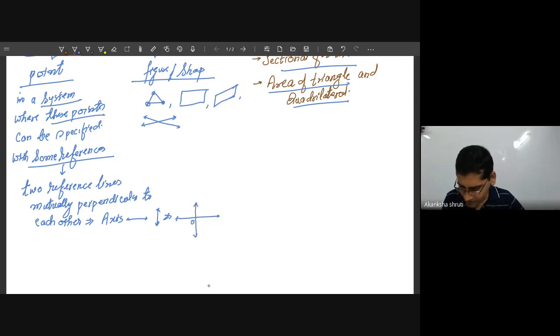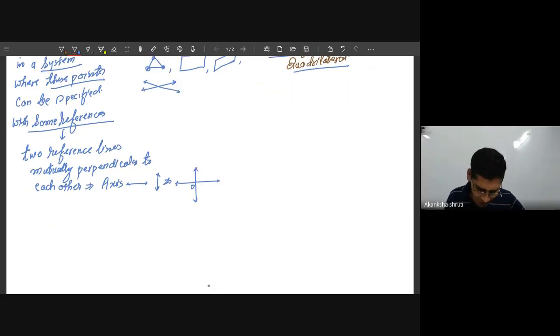Where these two intersect is called the origin. While taking these two mutually perpendicular lines as the reference, it is called a rectangular system because the entire plane is divided into rectangular parts. So it is called the rectangular coordinate system.